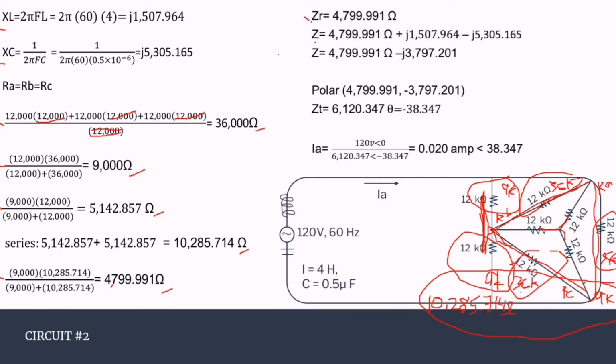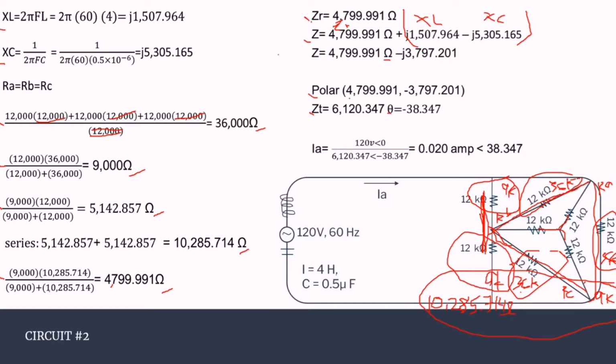So to compute for ZR plus XL minus XC, since XL and XC have the same unit, we're going to subtract them first. So XL minus XC is equal to negative 3,797.201. They are not the same unit. We're going to use polar to solve for Z total and our angle.